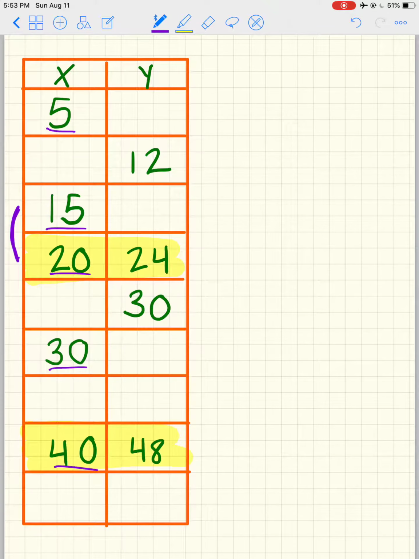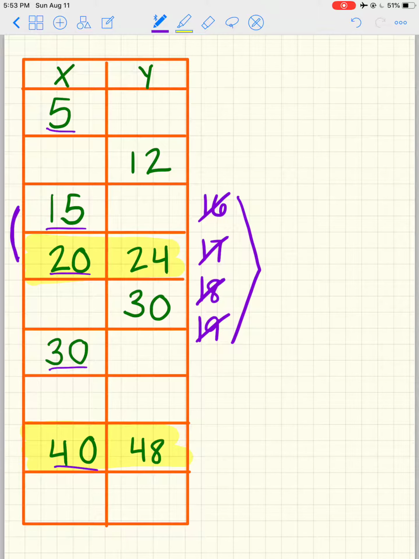If I don't know what the pattern is right away just by looking at it, this is what I'm going to do. After 15, 16 would be my next number, but it's not 16. It's not 17. It's not 18. It's not 19, but it's 20. So I can see that they have skipped 4 numbers in between 15 and 20.